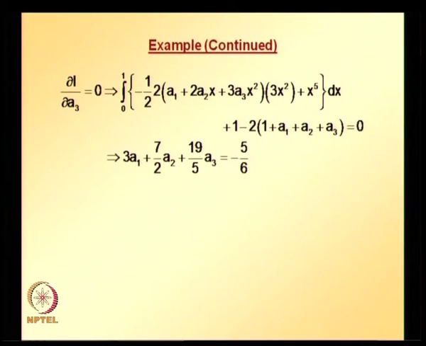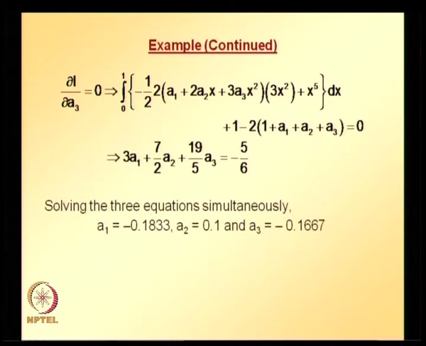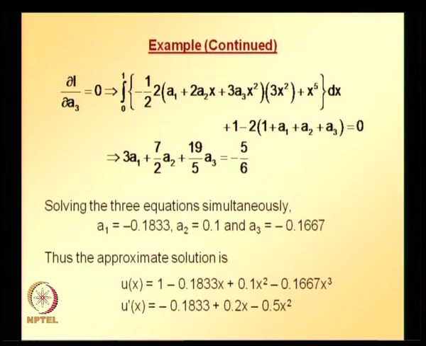Straightforward. We have three equations and three unknown coefficients, so we can solve for a1, a2, a3. Once we get their values, you go back to the admissible cubic trial solution and substitute the values of a1, a2 and a3, and then you get the approximate solution. You can then take its derivative to get the derivative of the approximate solution.